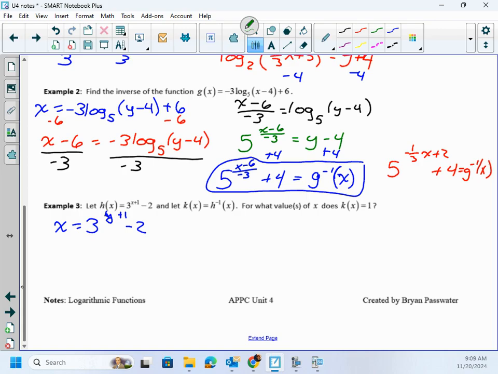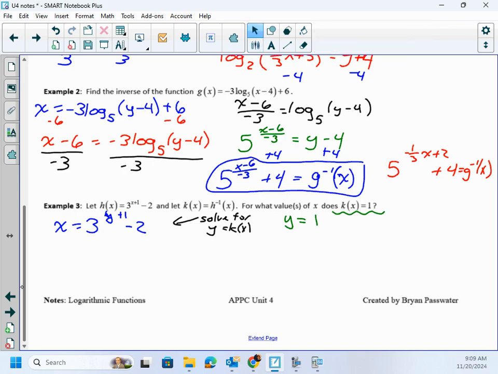Here's the question. Ladies and gentlemen, this says that y has to equal 1. Now I can solve for y, totally fine with doing that, but I could also say, for what value of x does k of x equal 1? This would be k of x solved for y. The reality is, I don't need to solve for y, I'm just asking for what the value is when y equals 1.